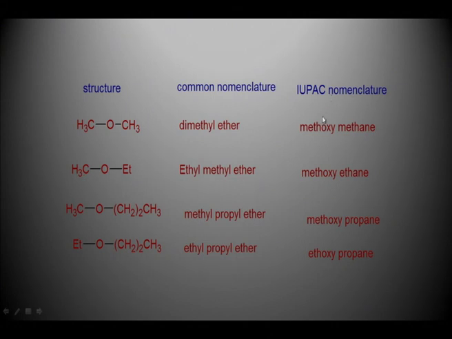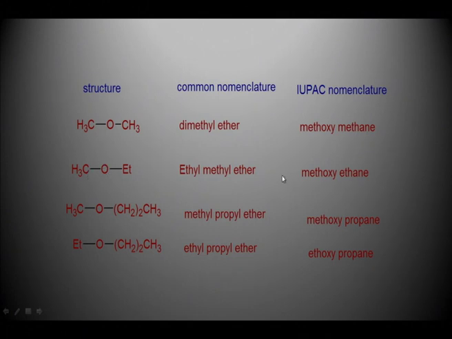In the IUPAC nomenclature, while naming the ethers, you should combine the oxy group with the smallest alkyl group. For this example, there is an ethyl group and a methyl group. Among ethyl and methyl, the methyl group is smaller, so the oxy group should be attached to the methyl.